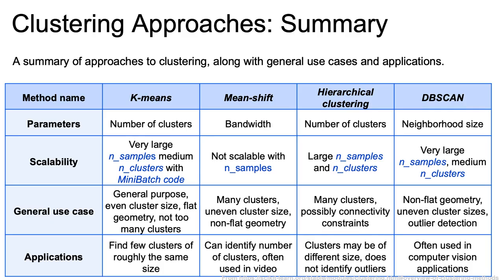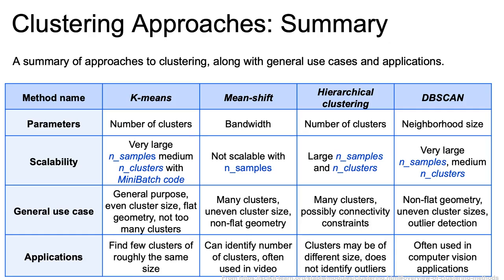Now the scalability of each. With k-means, you can scale to a very large number of samples, so very large data. You probably want a medium amount of clusters, not too many clusters. And this is both using mini-batch, which will help speed things along. Mean shift will not be quite as scalable with the number of samples.